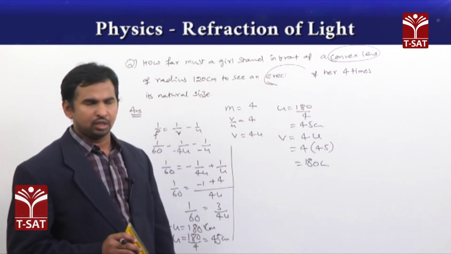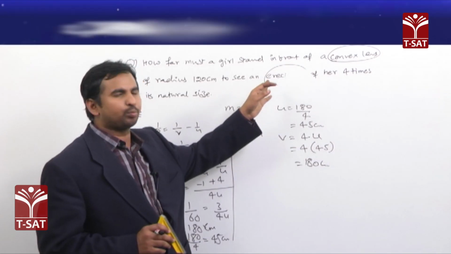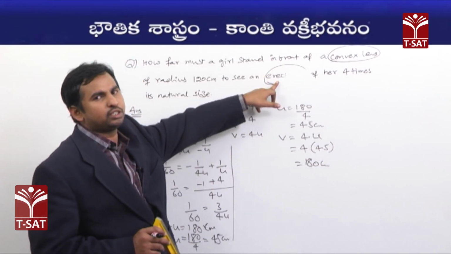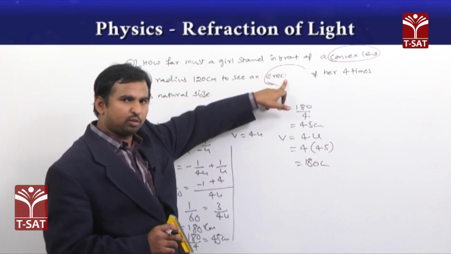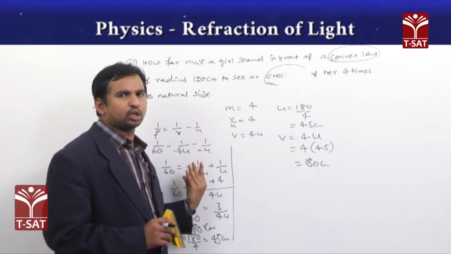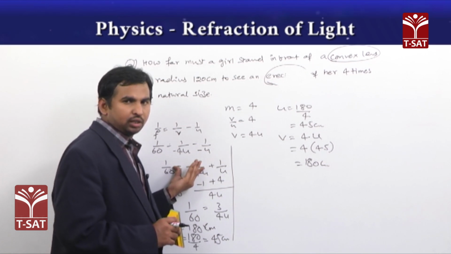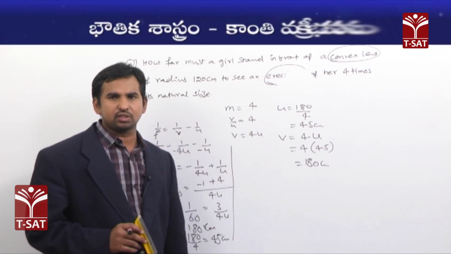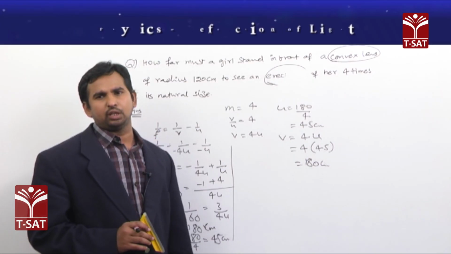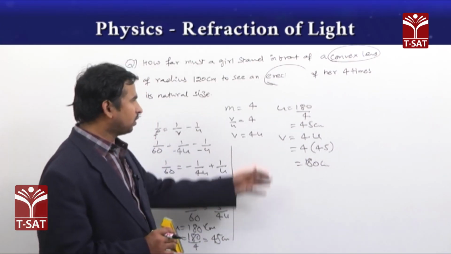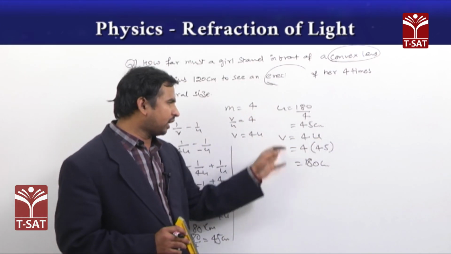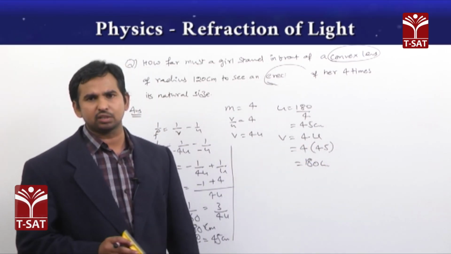But here, as the given problem says it is an erect image, and an erect image means the object and the image are both on the same side, that's why we use the minus sign convention here. So we got the object distance less than the focal length, which is 60 centimeters. So u is equal to 45 and v is equal to 180 centimeters.